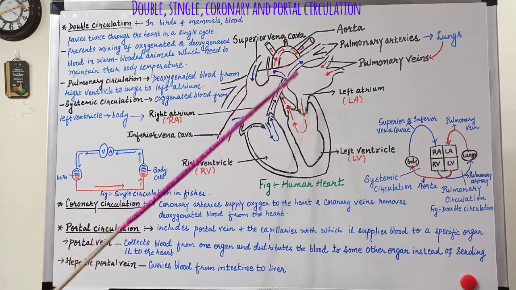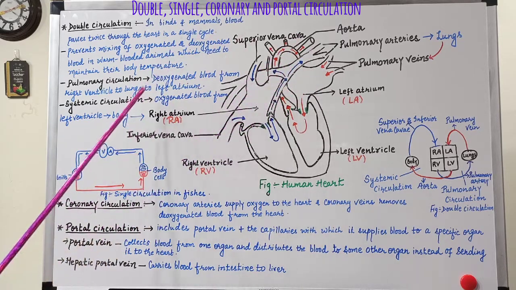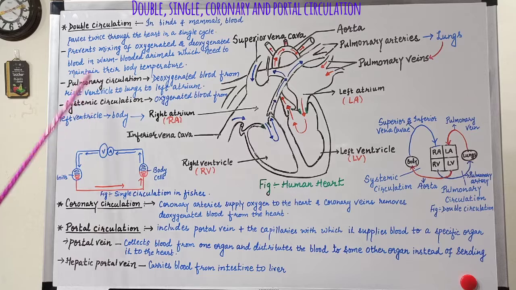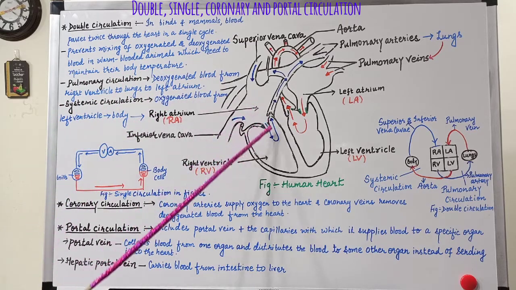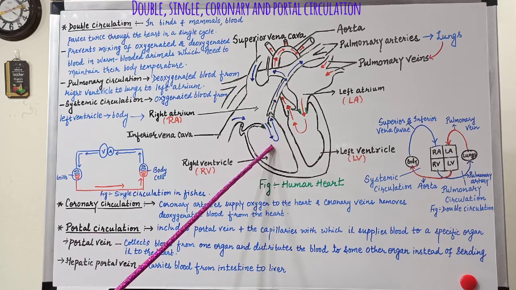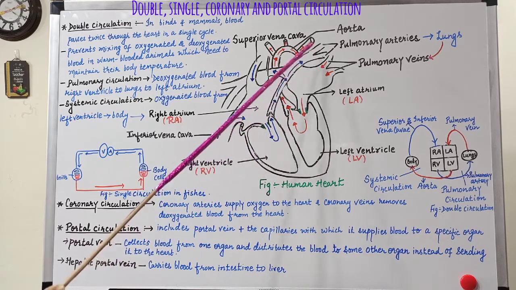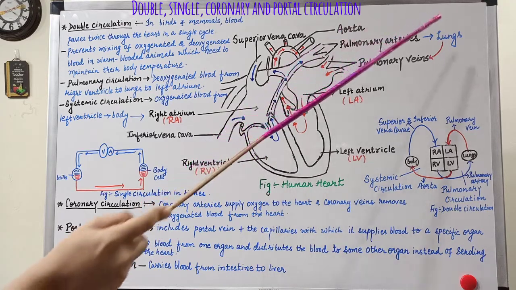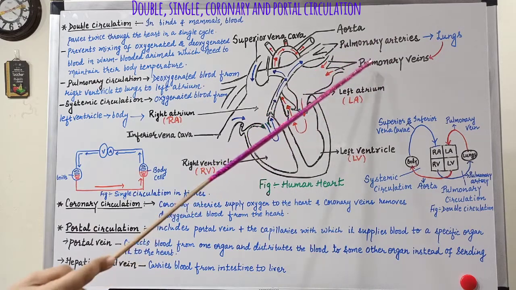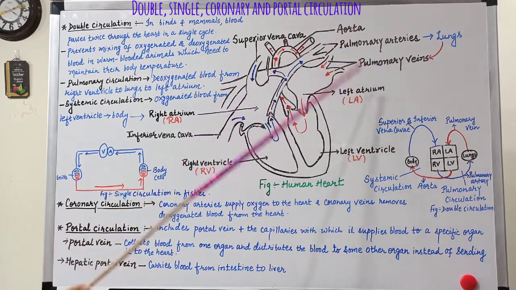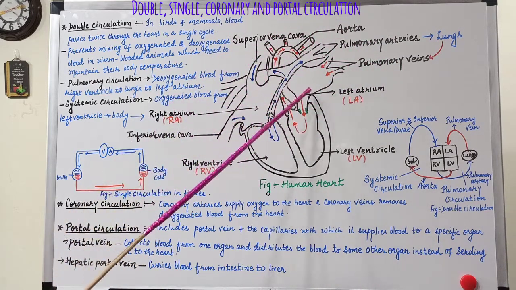It means it involves only three structures, that is right ventricle, lungs and left atrium. Pulmonary circulation means blood goes from the right ventricle through the pulmonary arteries to the lungs and through the pulmonary veins to the left atrium. And these pulmonary veins are the only veins which carry oxygenated blood.